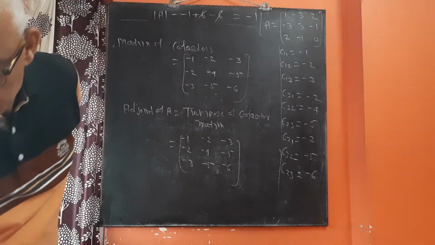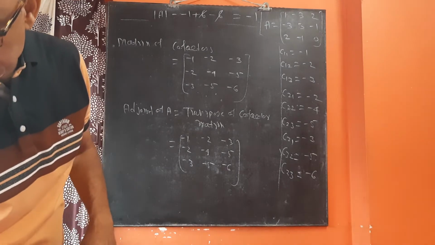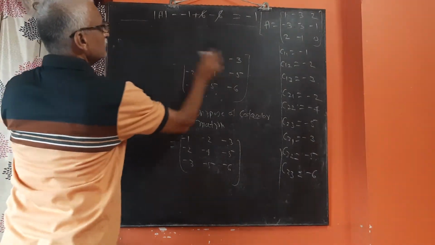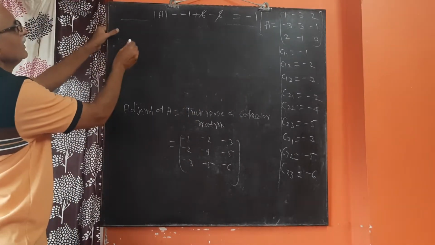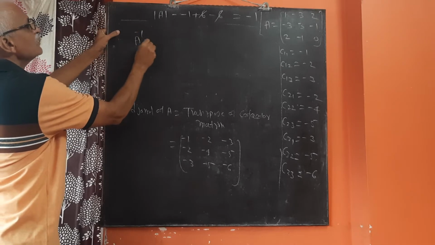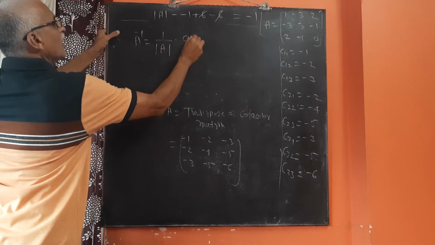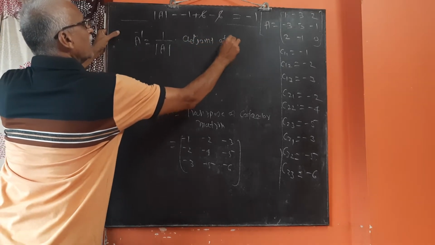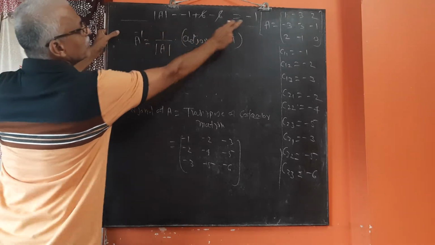Now we have to find the inverse of A. A inverse is equal to 1 upon determinant of A into adjoint of A. Substituting values, we have determinant of A equal to minus 1.